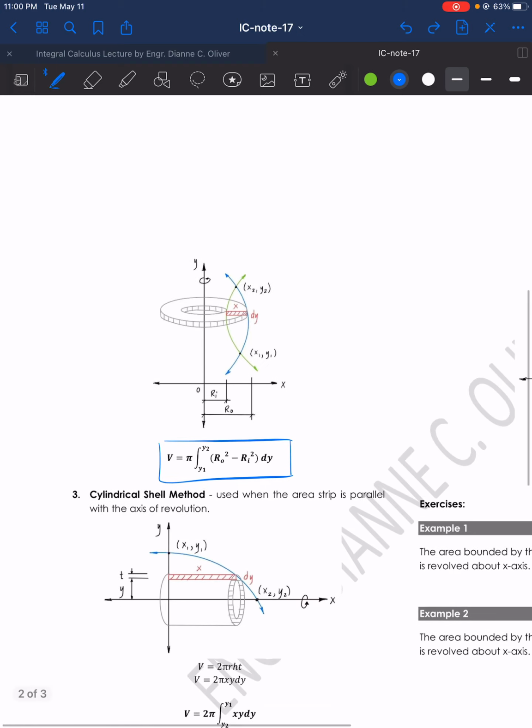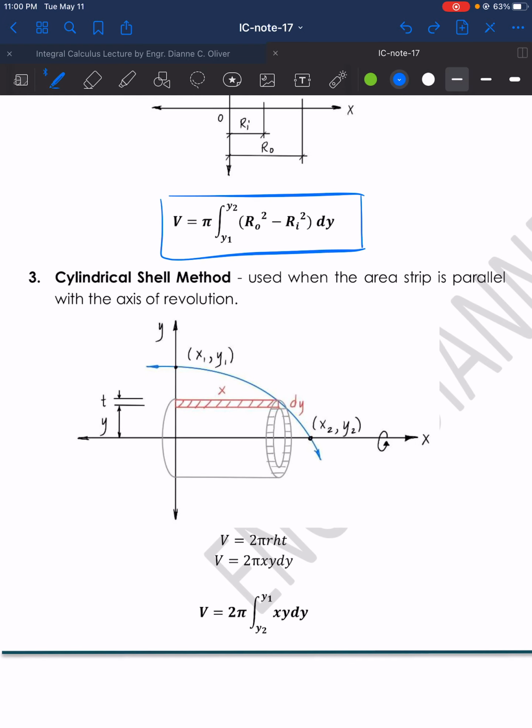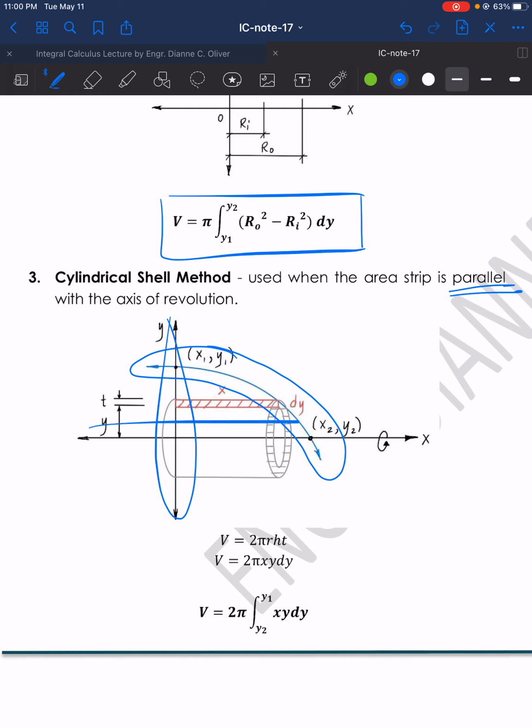Let's go to the third method. We have the cylindrical shell method. The cylindrical shell method is used when the area strip is parallel with the axis of revolution. Take for example this axis of revolution, the x-axis, and we have the boundaries, the curve y and the x-axis.